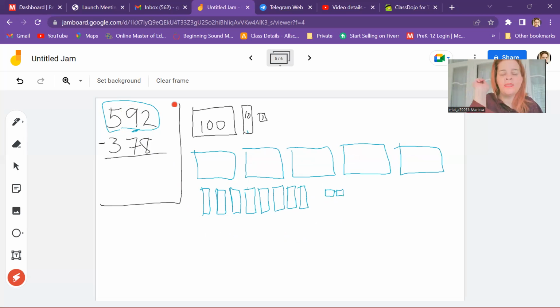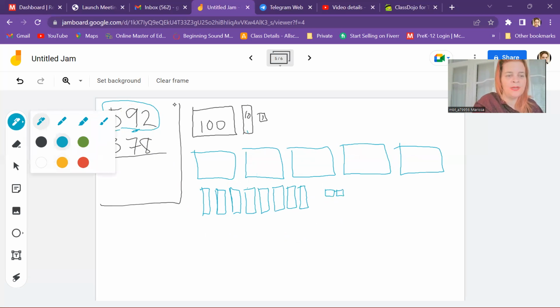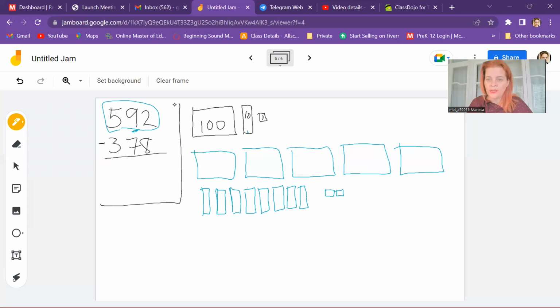Now, in another color, we are going to use maybe yellow. I am going to use this for the 378. Now this is where it might get a little bit confusing, but bear with me.